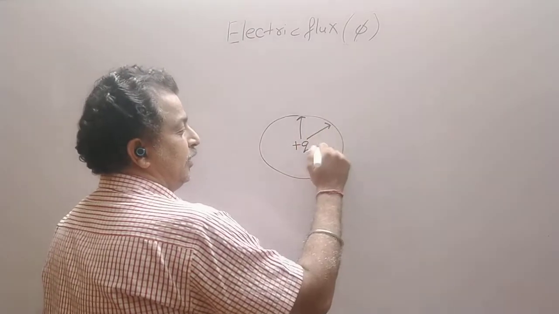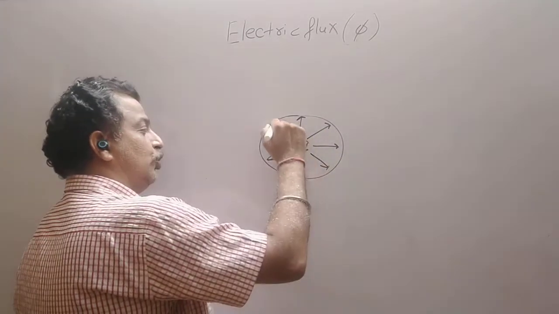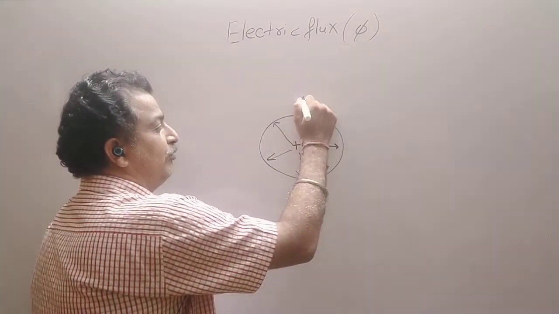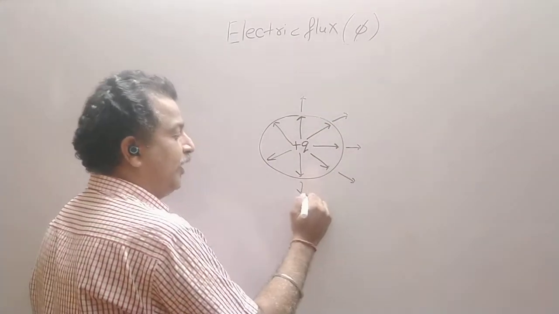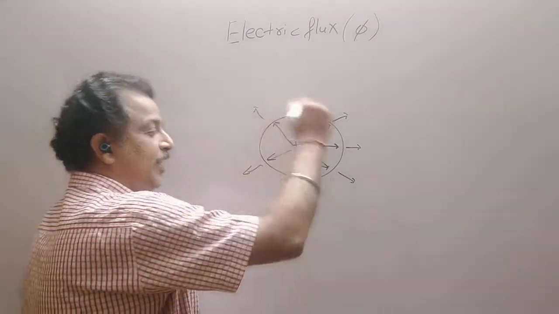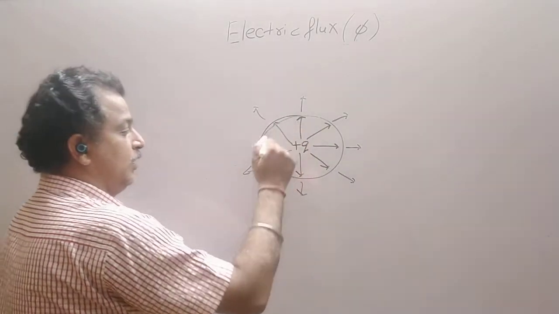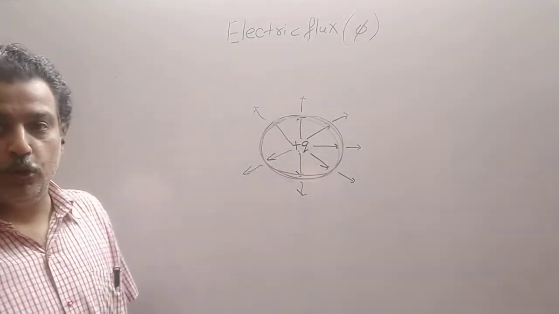The field lines were radially outward. So this was an arrow, then the length of the arrow decreases, the field is spherical. Now I have considered one sphere and plus q charge enclosed in it.